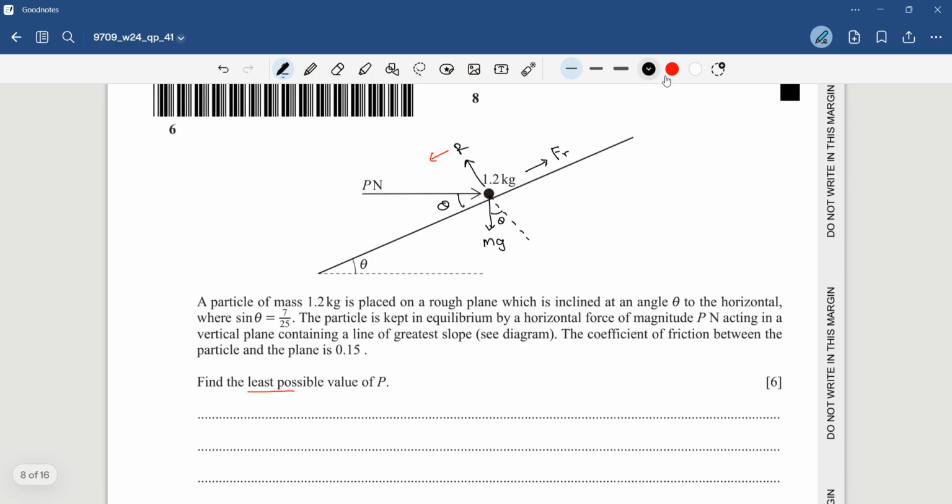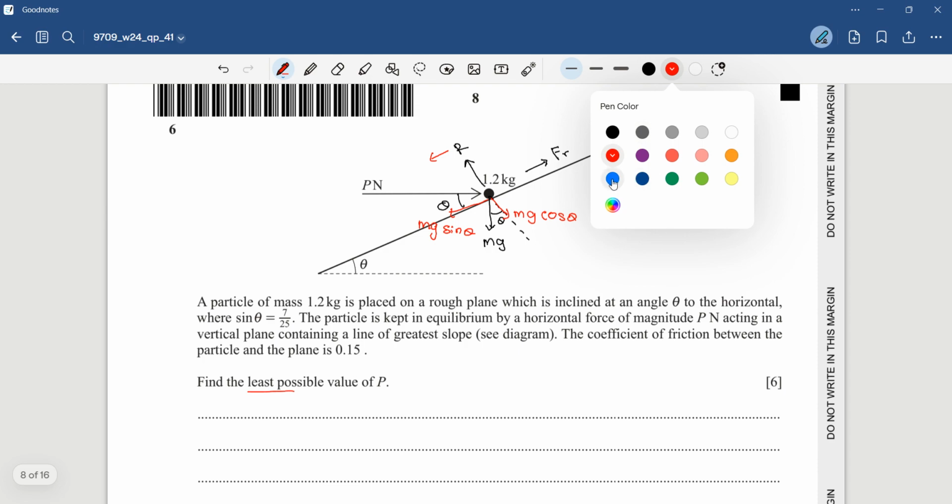Okay, so on top for this it's going to be mg cos theta, mg sine theta. And another one for P also you can do here.